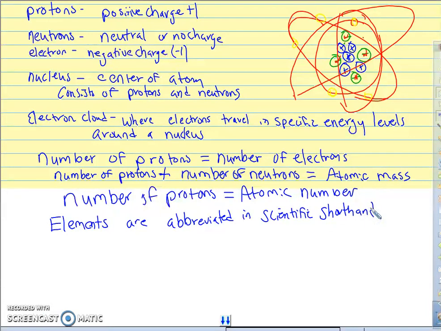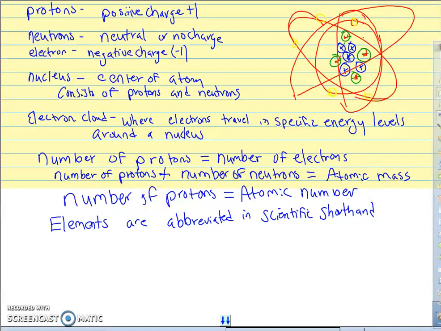They're abbreviated in scientific shorthand, and it's usually their scientific name. So for instance, iron is Fe because iron in Latin is actually ferrous. So that's what those letters represent.